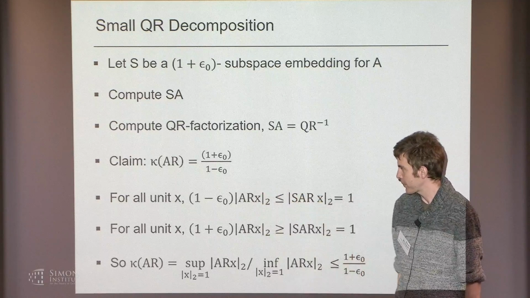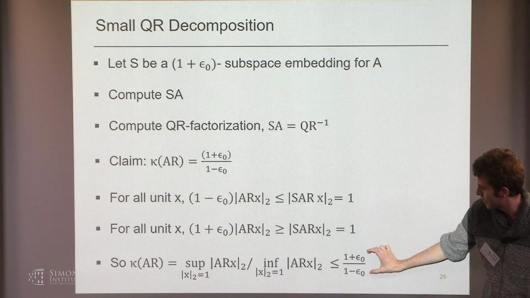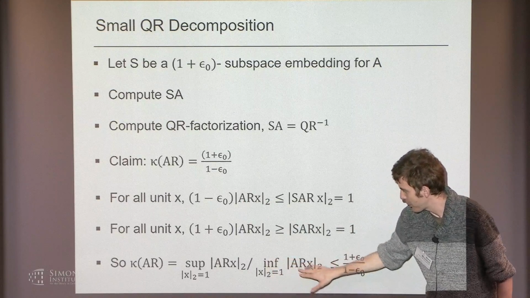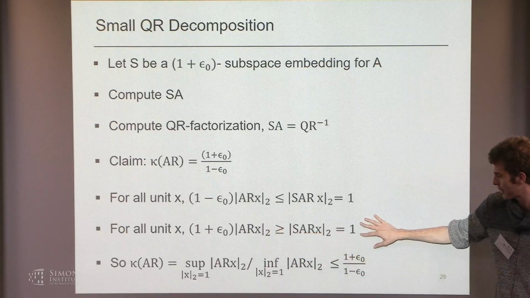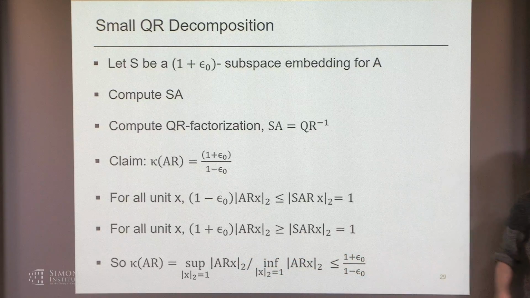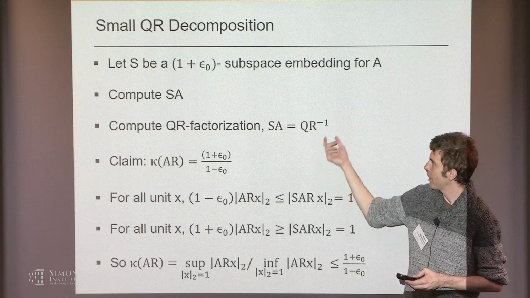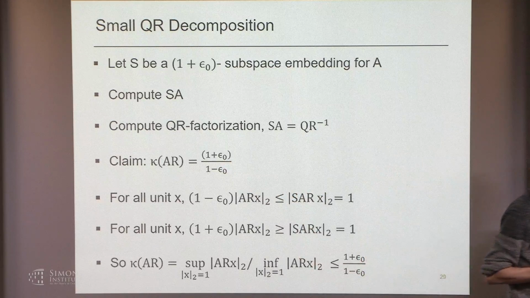Since this holds for all unit vectors x, the norm of ARX is at most 1 over 1 minus epsilon 0, and it's at least 1 over 1 plus epsilon 0. So when I do this division, I get 1 plus epsilon 0 over 1 minus epsilon 0. So in nnz of A plus poly d time, we computed a matrix R, which gives a good preconditioner.